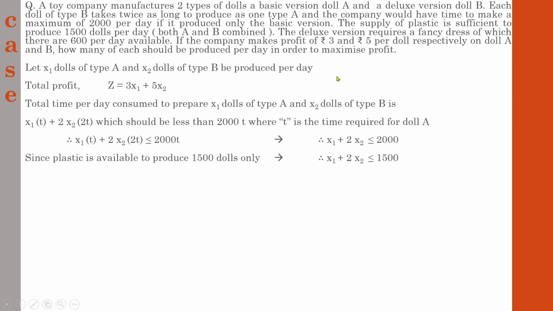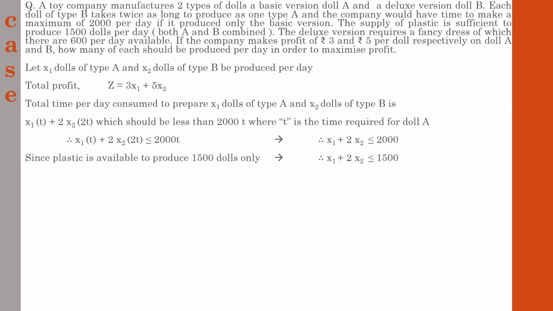First one: if the company is producing only type A, it has a maximum capacity of 2000 per day. So the capacity to produce is 2000 if they are producing only x1, but if they are producing x2 also, they will have the capacity to produce less than 2000.